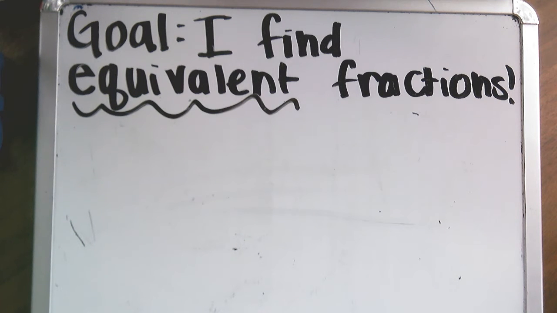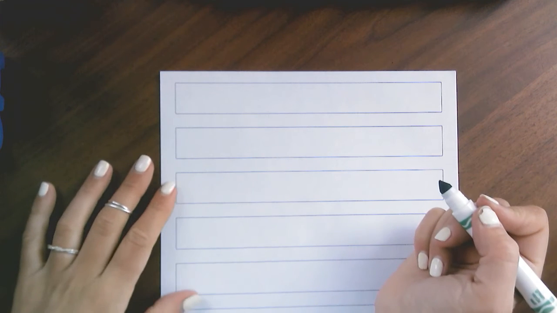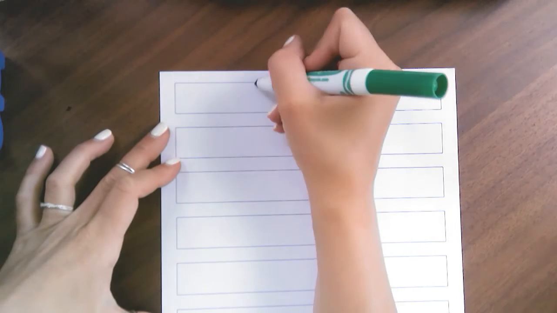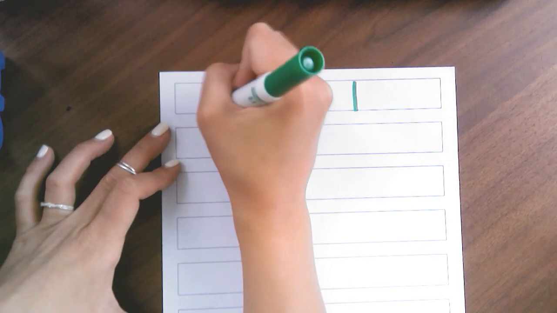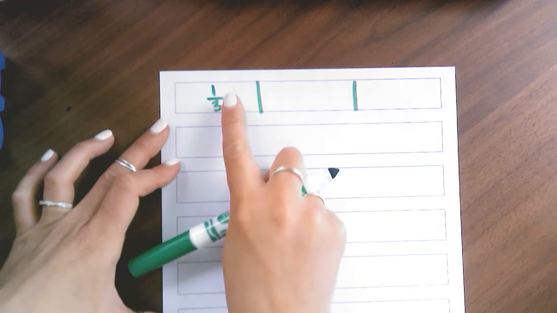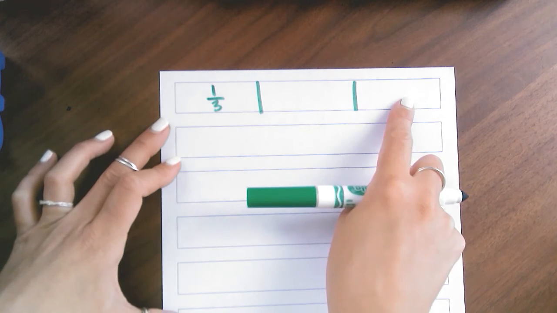The other way to find equivalent fractions is by splitting your fractions. So here, we have fraction strips. And we are going to look at them. And we'll start with a fraction like, let's do thirds. So I'm going to talk about 1/3. Because it's in 3 pieces, I've put it into thirds.